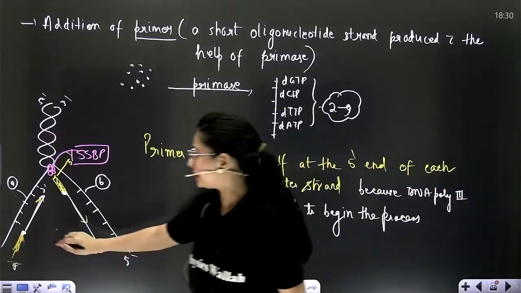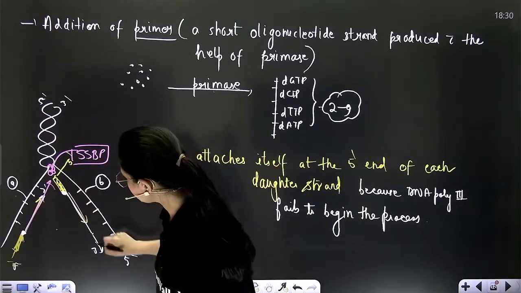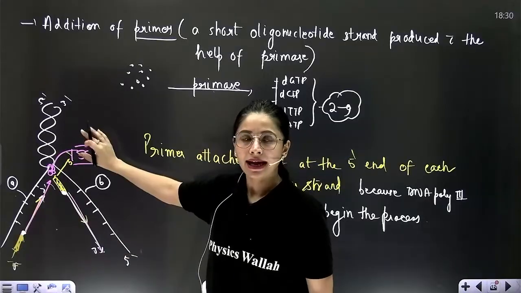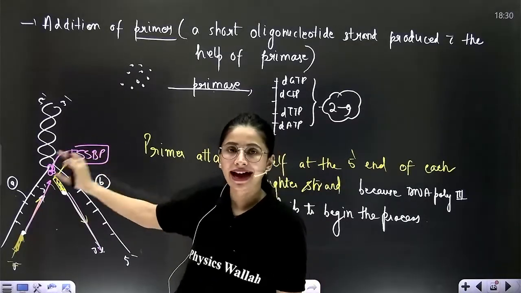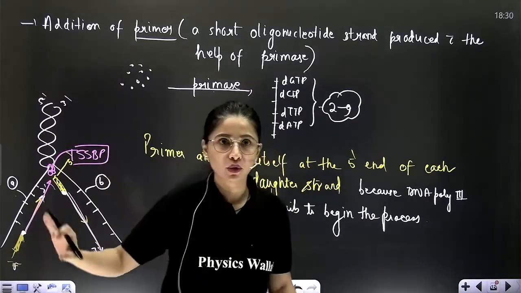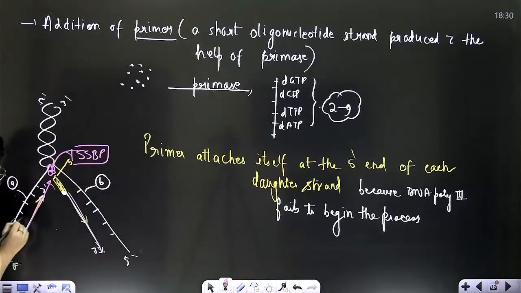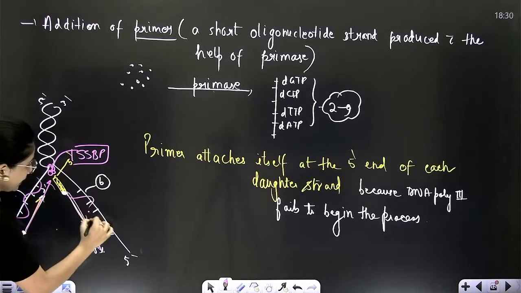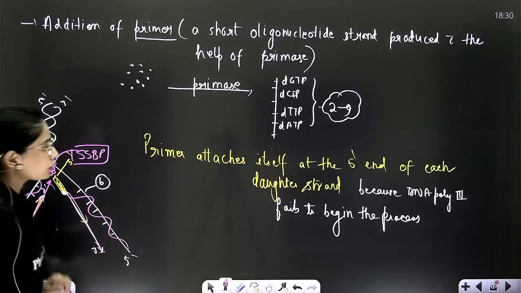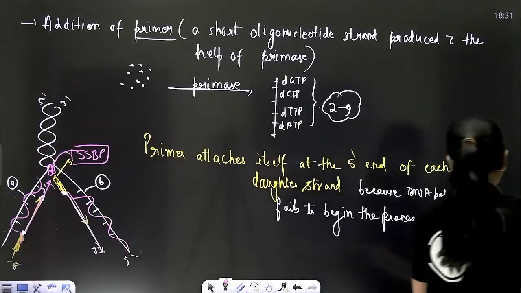Now over here, see, replication is done. Now what will happen? SSBP will be removed. As soon as SSBP gets removed, this strand gets wound up. Here it gets wound up.